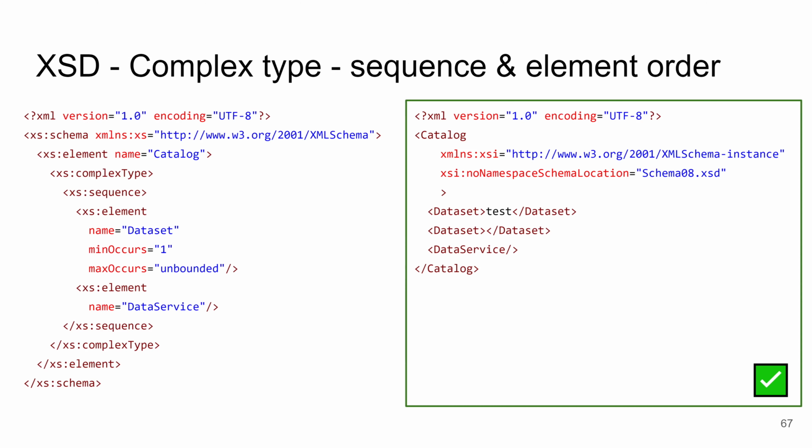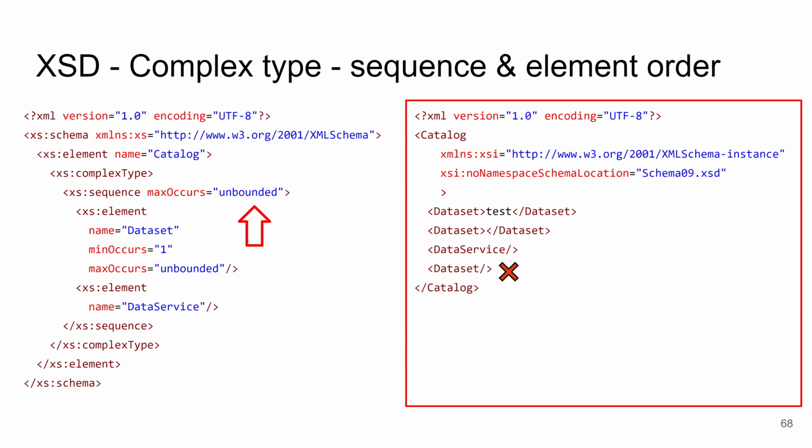So if we remove the dataset at the end, we make the document again valid because it will again comply with the schema. Now, if we wanted the previous example to become valid with the dataset after the data service, we could make the sequence itself repeat by using the maxOccurs attribute and setting it to unbounded.